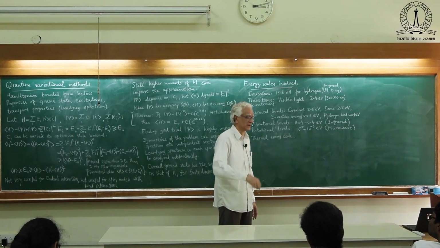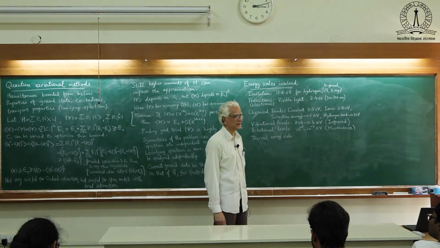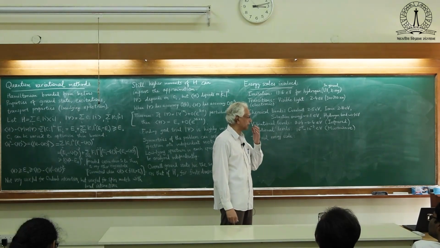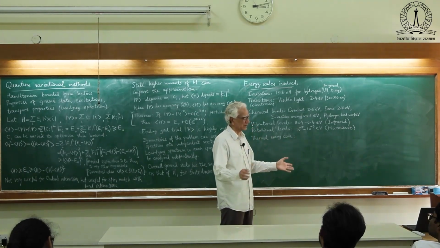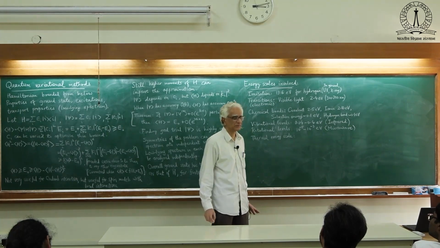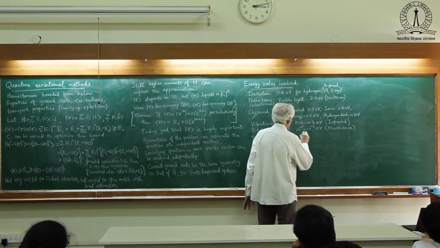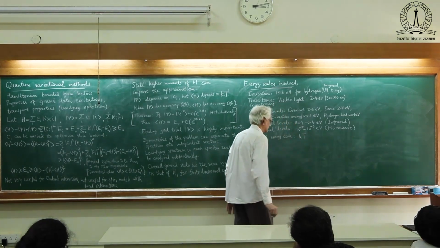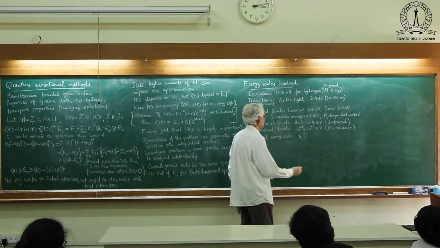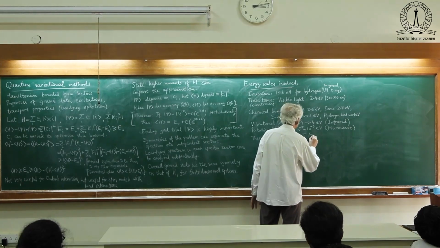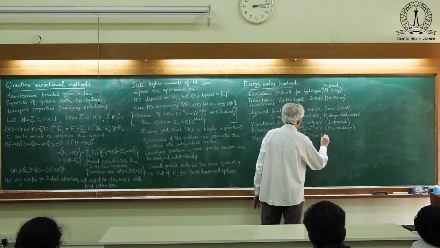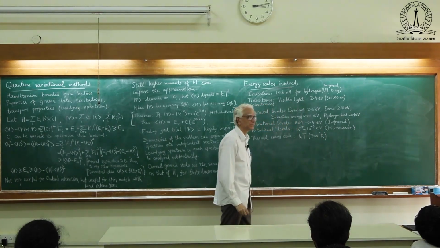You might stir something in a solution, or you might study some material, but most of it is at room temperature. And that scale is kT, and room temperature is say 300 degrees Kelvin.